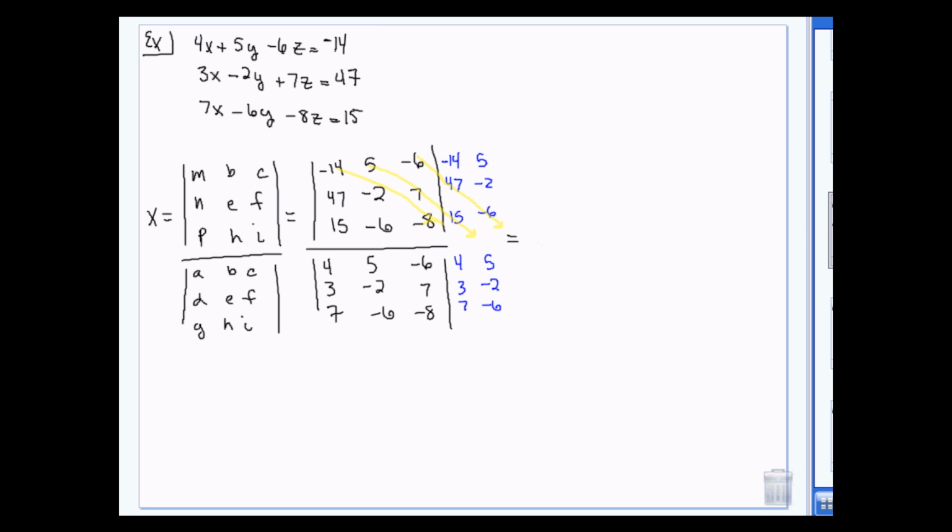Or do you need me to write out like all the steps? Okay. So 14 times 2 times 8 is going to be negative 224. So you went down first? Yeah, it went down first. So that's the first column. And then 5 times 7 times 15 is 525. And then 6 times 47 times 6. So I have negative times negative, so I get positive 1692.